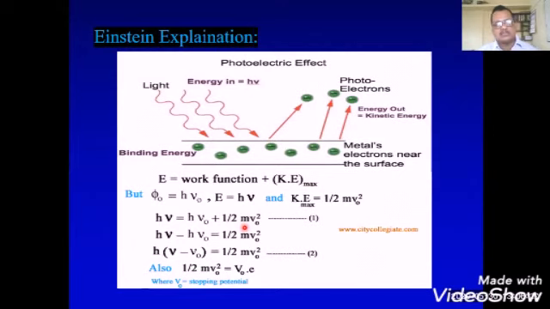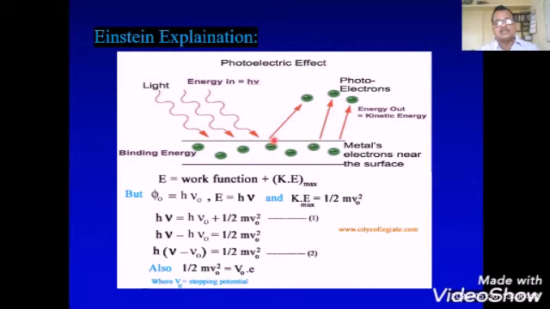So this is a simple explanation that electromagnetic radiation comprises energy packets called photons, and when a photon having energy h nu strikes an electron, it will transfer its entire energy to the electron, and with this energy the electron will come to the metal surface.